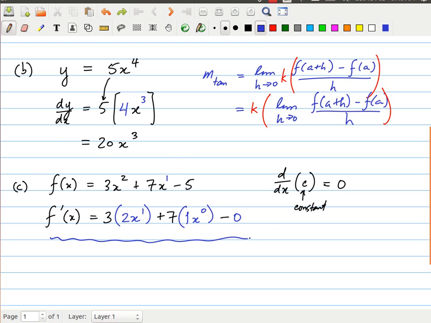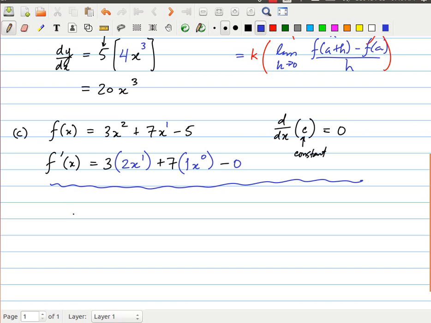So I'll write, I'm adding a little bit of a break here, and then I'm going to just write out the fact that the limit as h approaches 0 of f of x plus g of x is the same thing as the limit as h approaches 0 of f of x plus the limit as h approaches 0 of g of x.